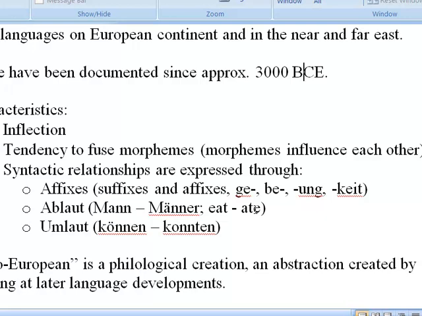And there's also something called Umlaut that's a specific feature in German, though some other languages, Scandinavian languages, have this too. This verb right here is können, and it means to be able to. And this version of it here is konnten. Konnten is the past tense form, so it's also used in German to differentiate the past and the present tense.